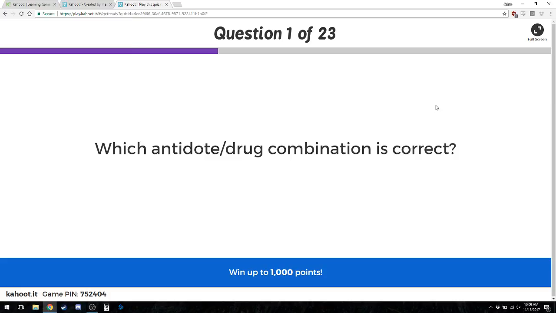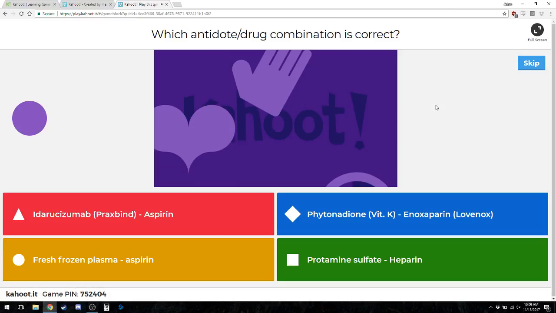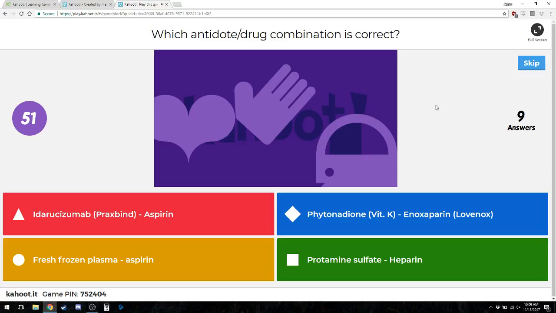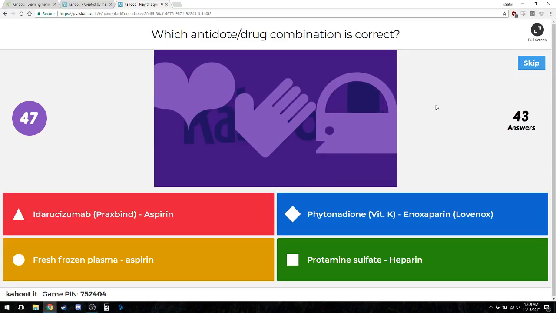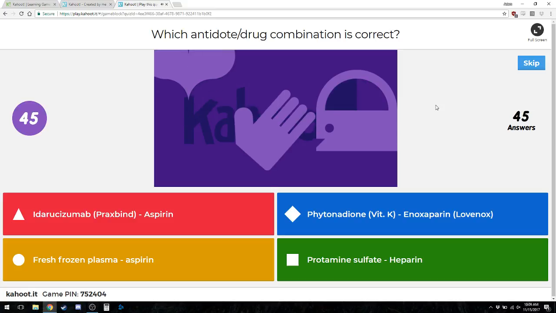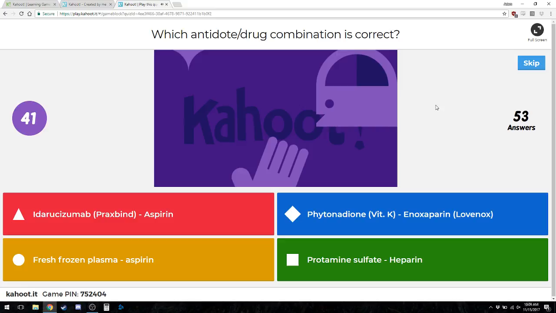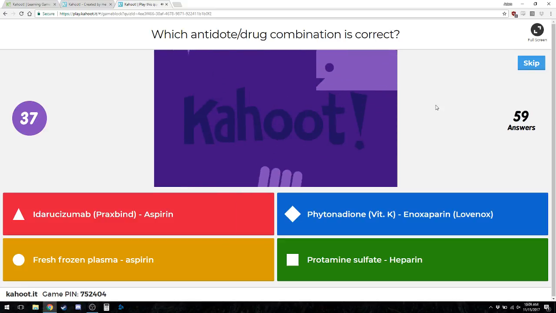All right, which antidote drug combination is correct? Oh, you can't see it? I don't know how to make that any bigger. Does it not show up on the app? Oh, there we go. Stinks.